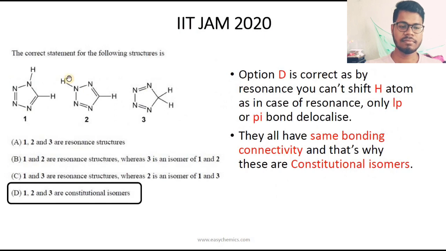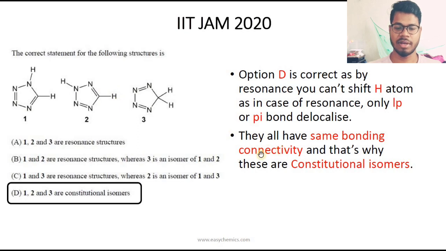Then the question is the correct statement for the following sequence. Of course it will be constitutional isomers, that is the bonding connectivity, so option D is correct. Why? Remember this one, resonance is not possible, because here pi bond delocalization is not possible.